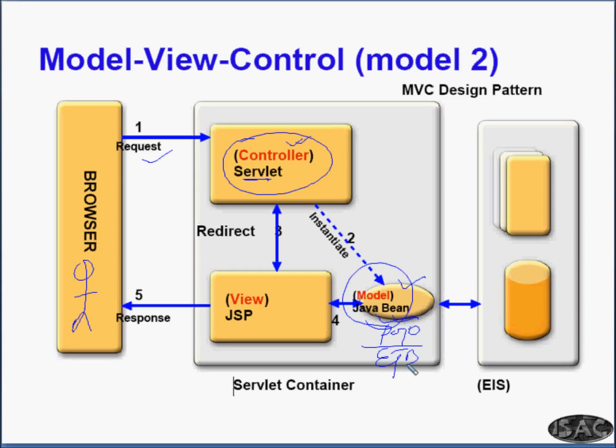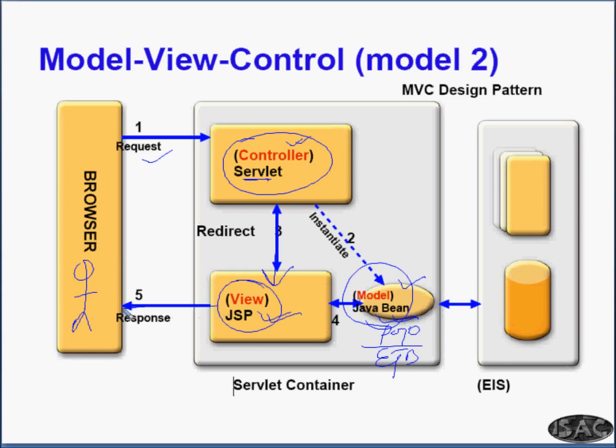Okay, now this guy will interact with the database, and then it will give some data. It will interact with the controller, and then the controller will generate one page for the client. Now the view is generated, meaning one JSP page is dynamically created here, or maybe redirected to some JSP page.